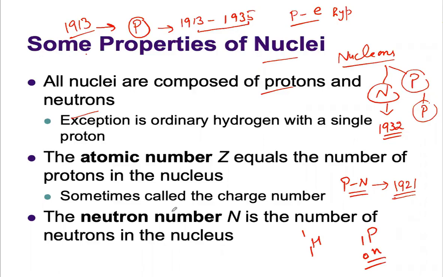We generally define the atomic number of an atom with the notation Z, which is equal to the number of protons in the nucleus, and we define the neutron number with N, the total number of neutrons within the nucleus.